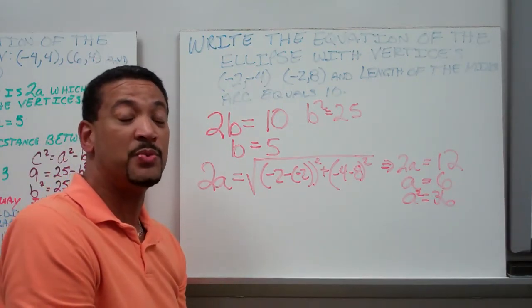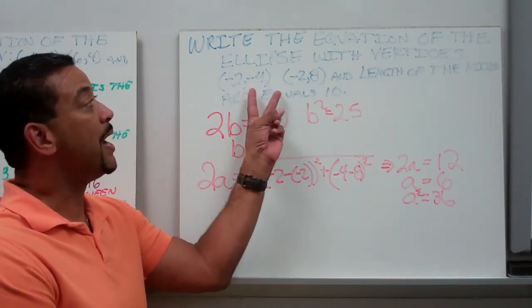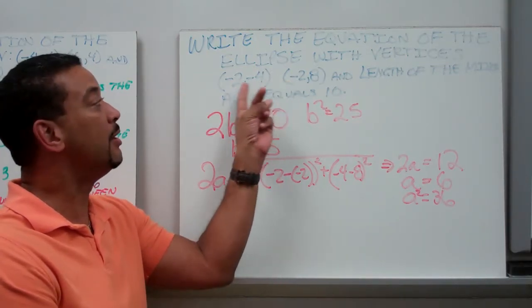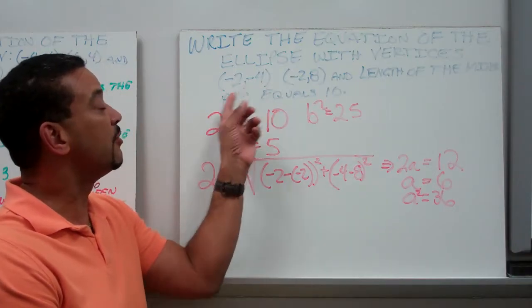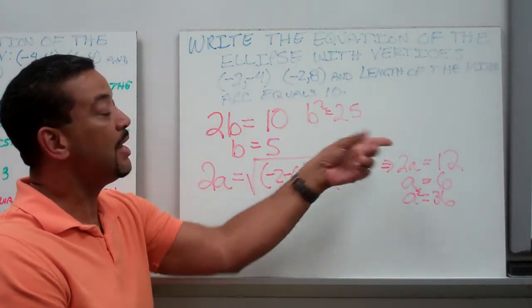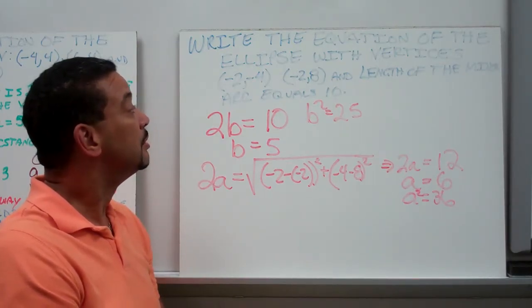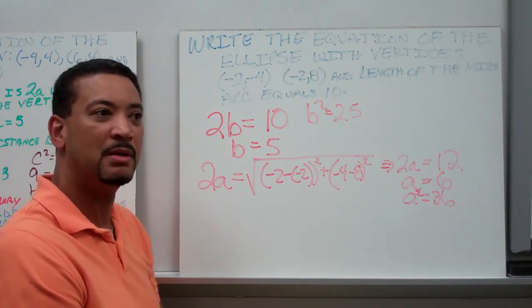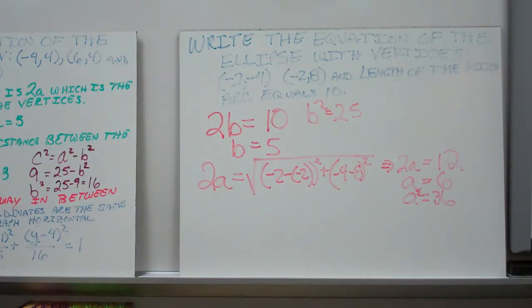Now the biggest thing we need to know is whether this is horizontal or vertical. So we go back and look at our vertices: (-2, -4) and (-2, 8). The -2's don't change.